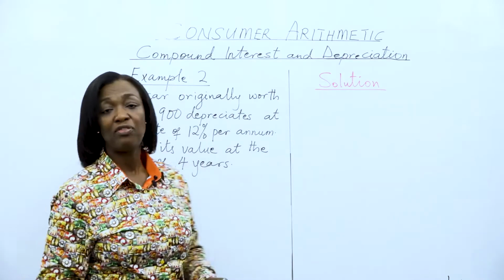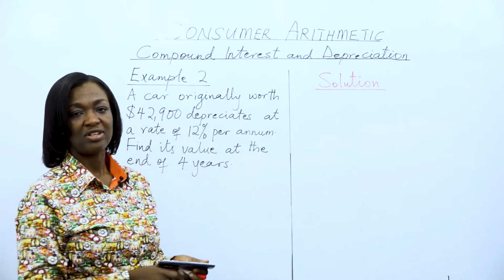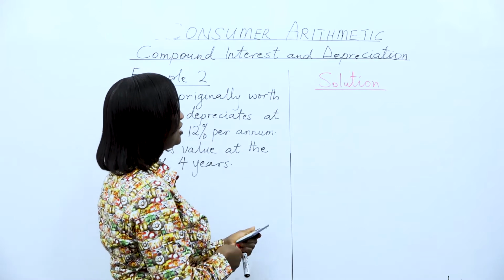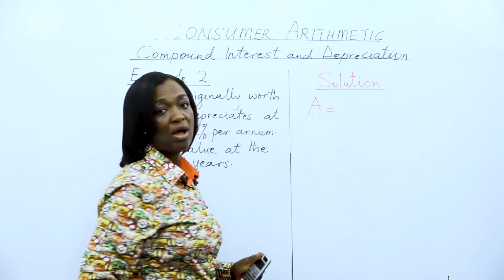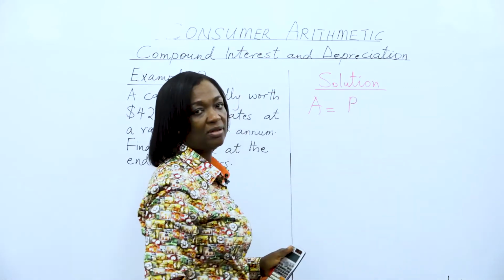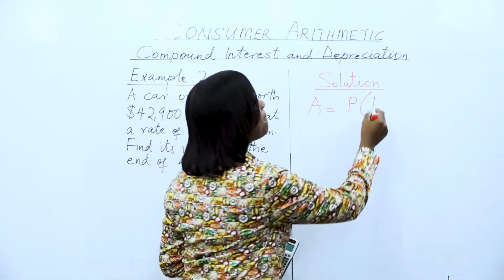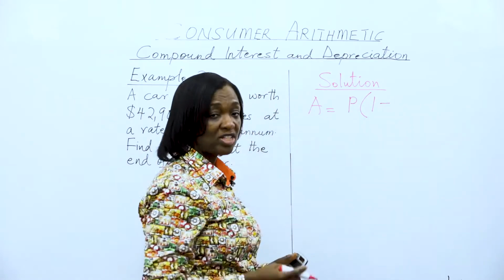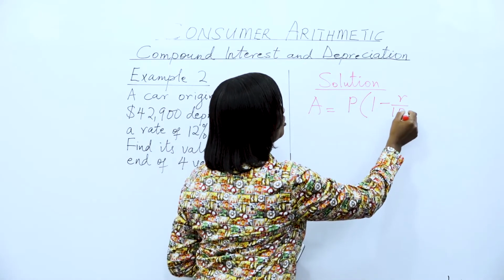Let's try to remember the formula. How do we calculate depreciation? We said that the amount is equal to the principal times 1 minus the rate of depreciation, R, over 100.